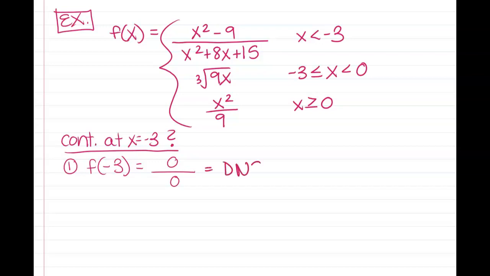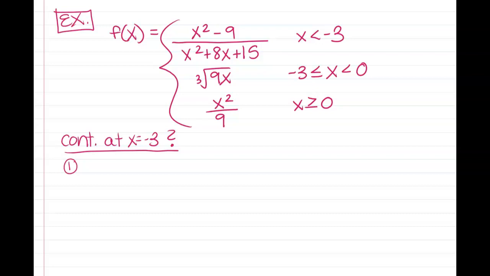When we get 0 over 0, we know it's a removable discontinuity, and the value does not exist. You know what? I just did something totally wrong, and I'm sure you all caught me, but we're 10 minutes in, so I'm just going to erase and go back.